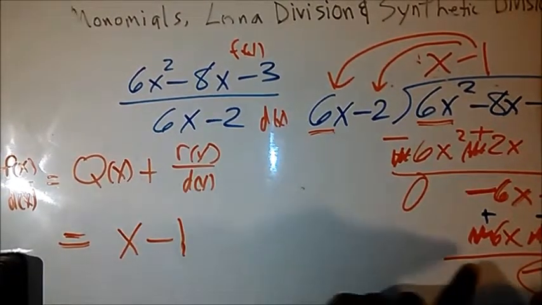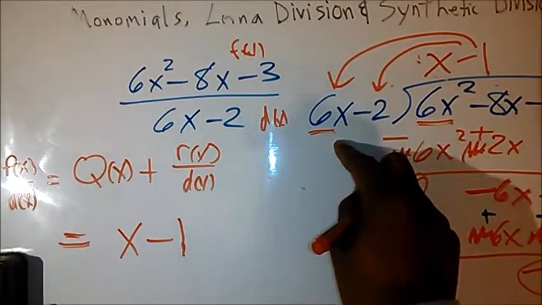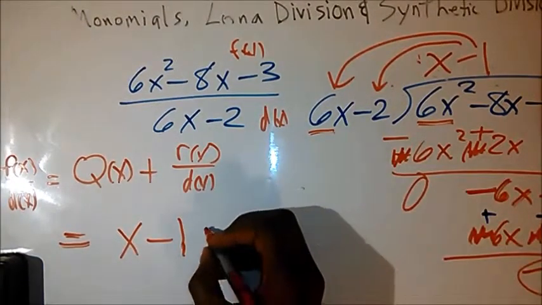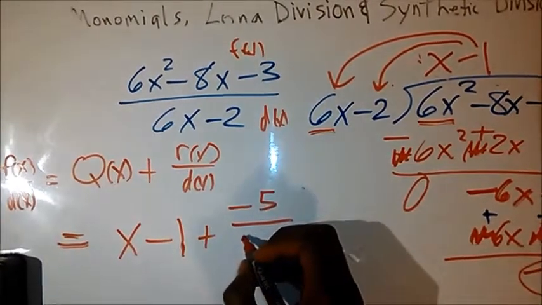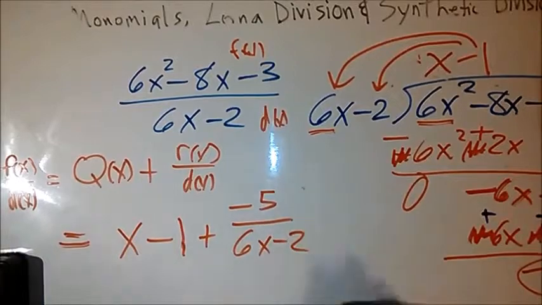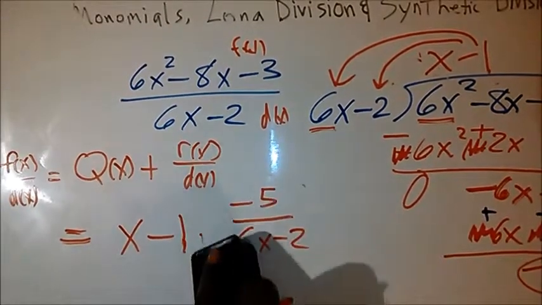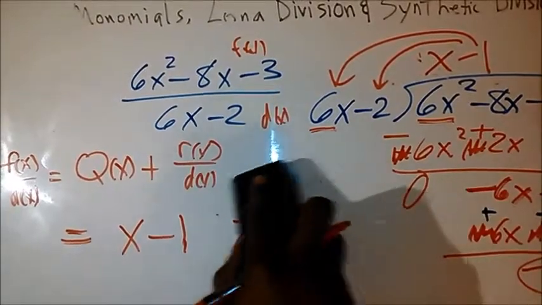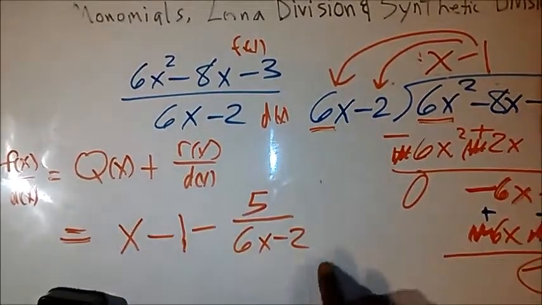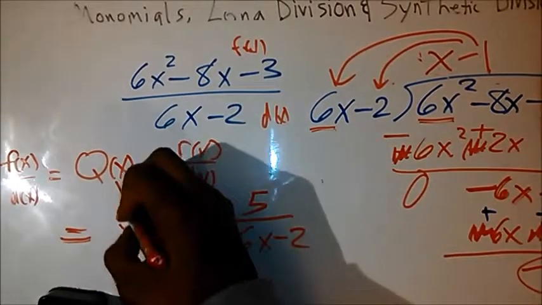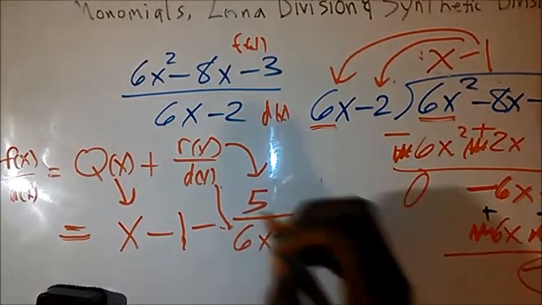Our remainder will be negative 5 over 6x minus 2. So plus negative 5 over 6x minus 2. We can also just change this to negative 5 over 6x plus 2.